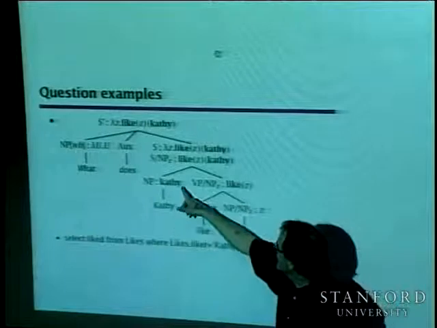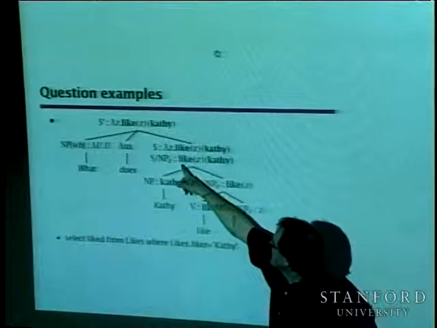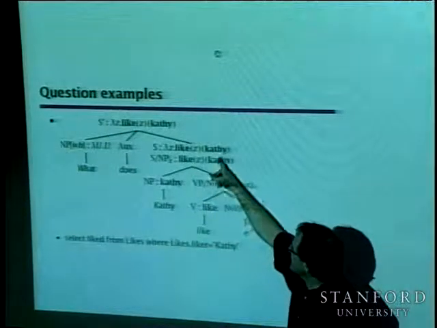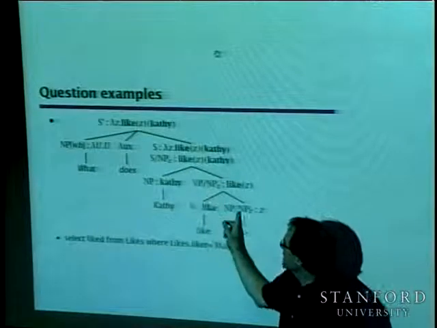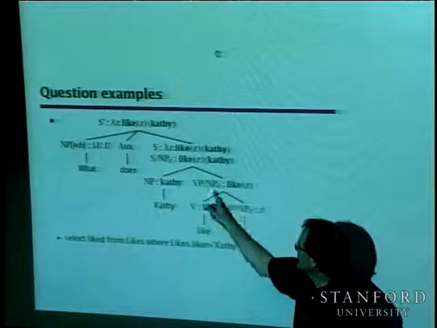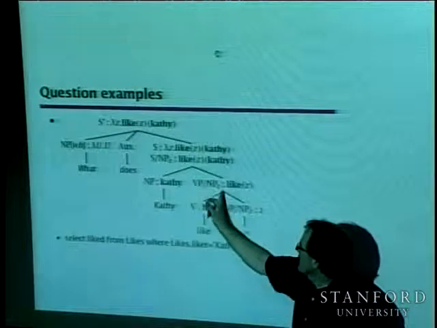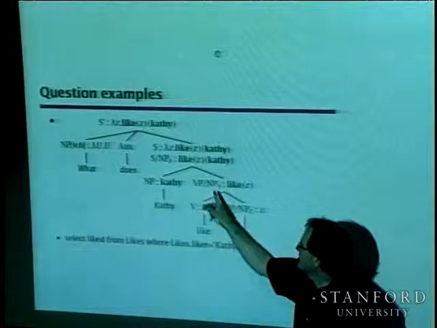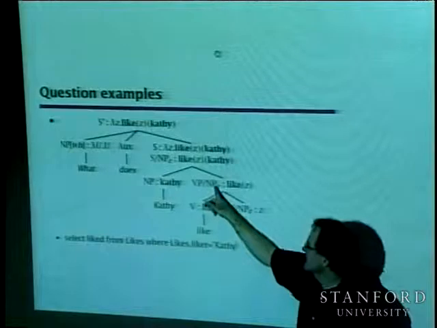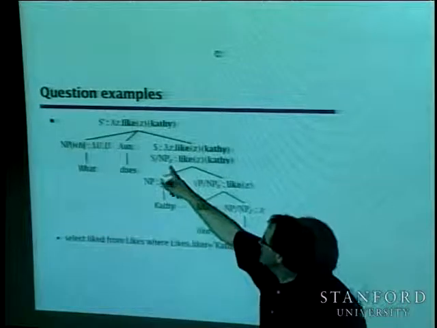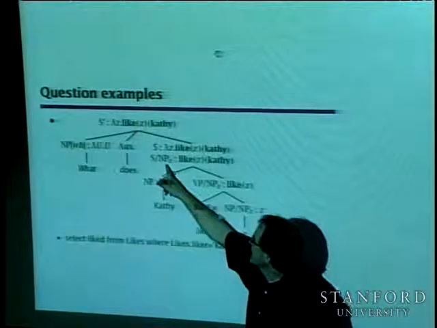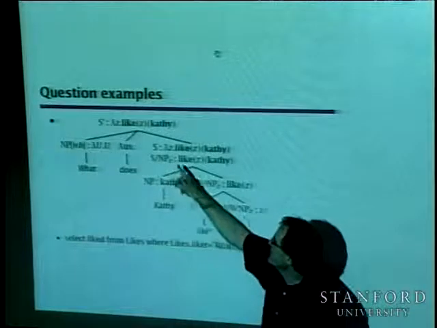Then we get Kathy likes z, which has the meaning of like z Kathy. And then we pass up a gap as a slash category. So this is a verb phrase which had supplied inside it an empty noun phrase whose meaning was z. And so now here we have a sentence which has inside it an empty noun phrase whose meaning was z.